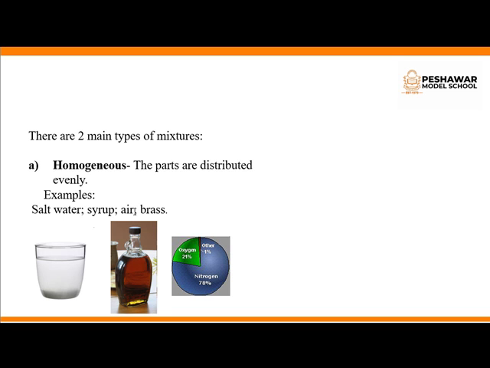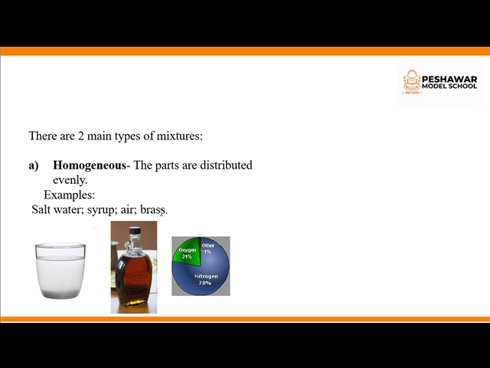Whenever you take a sample from fresh air, you can see the ratio of those gases is in a fixed proportion: nitrogen 78%, oxygen 21%, and the rare gases 1% or less than 1%. So this is one of the homogeneous mixtures.